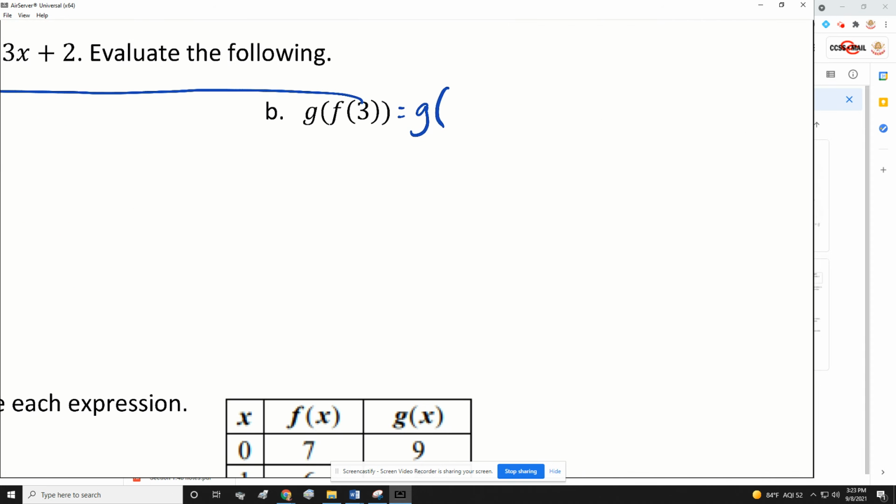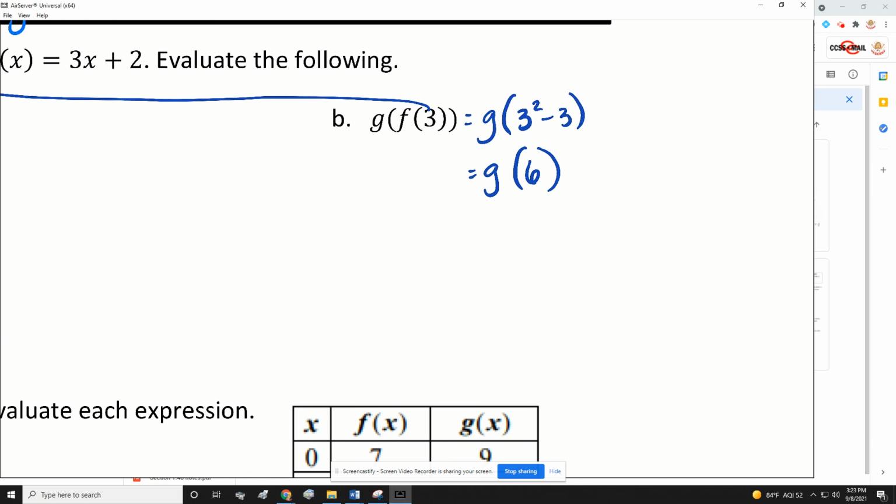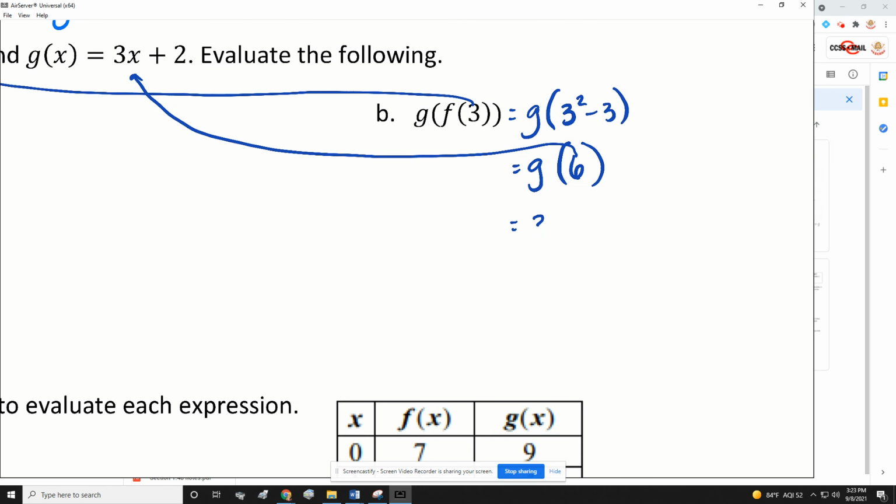So 3 squared minus 3. Okay, so 9 minus 3 is going to be 6. And then g of 6, like always, we take 6 into the g function. 18 plus 2 is 20.